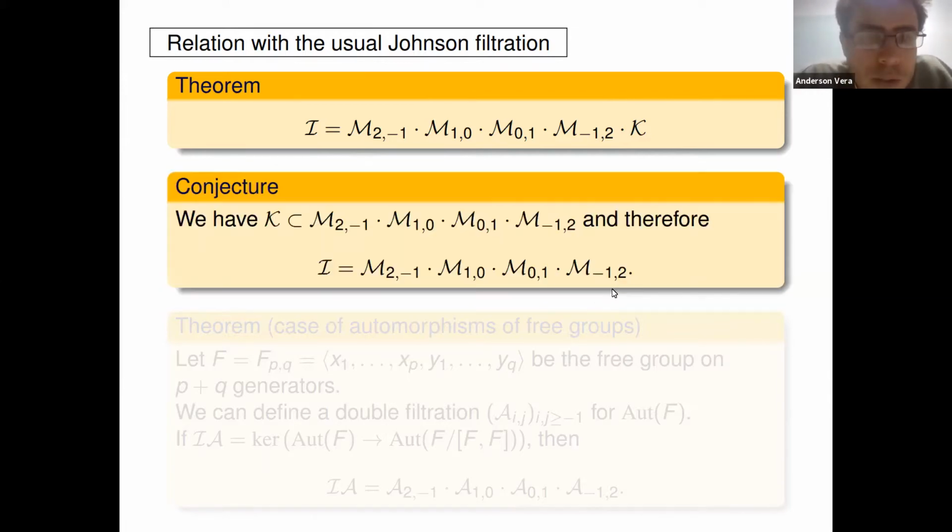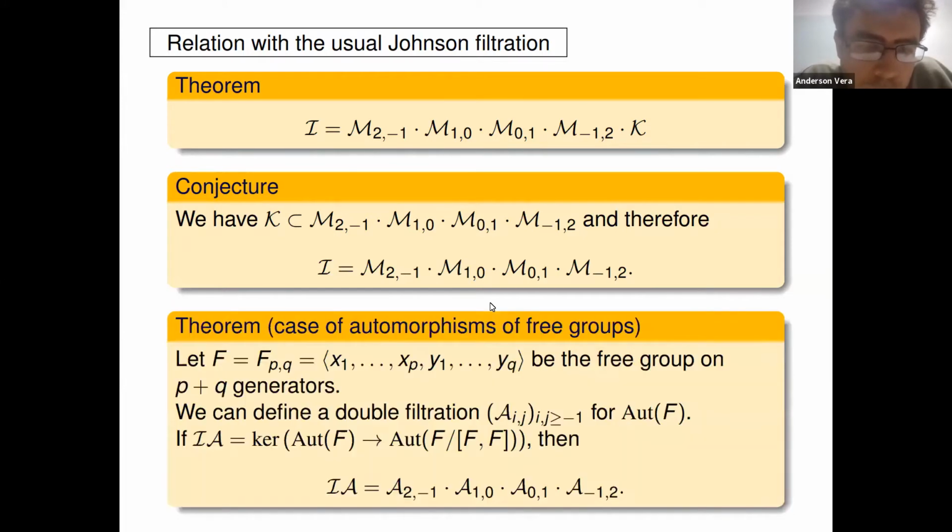All this can be done also in an abstract setting. In particular, we can do this for the automorphism group of a free group. We consider a free group on P plus Q generators, and we split the set of generators into two sets. We can define a similar double filtration for the automorphism group of this free group.